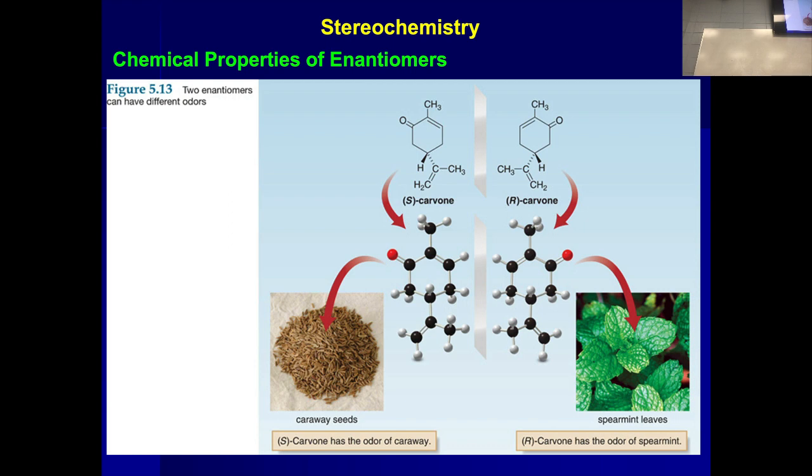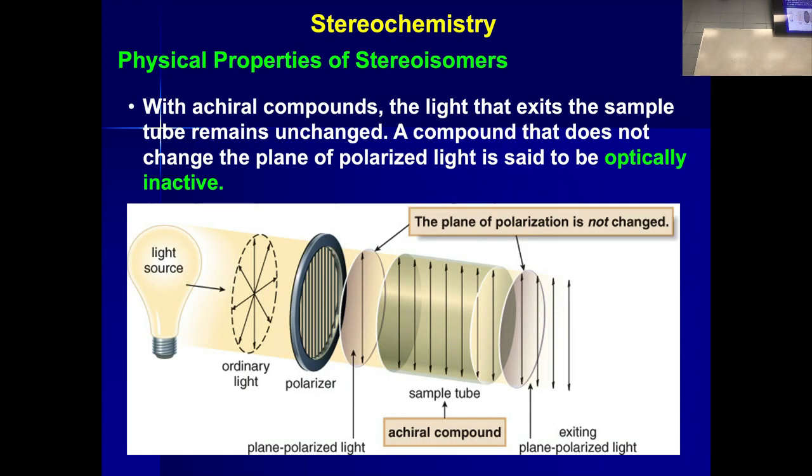Well, I've only got one type of sensor. The S enantiomer interacts with that differently than the R, and it gives a different signal that goes to my brain and says spearmint or caraway seeds. Okay? That's why you taste things differently sometimes. Okay? Clearly spearmint tastes different than caraway. You can tell the difference in taste on some of these things as well, okay?